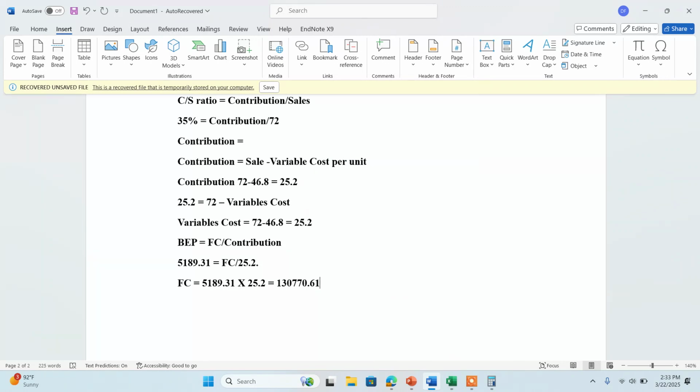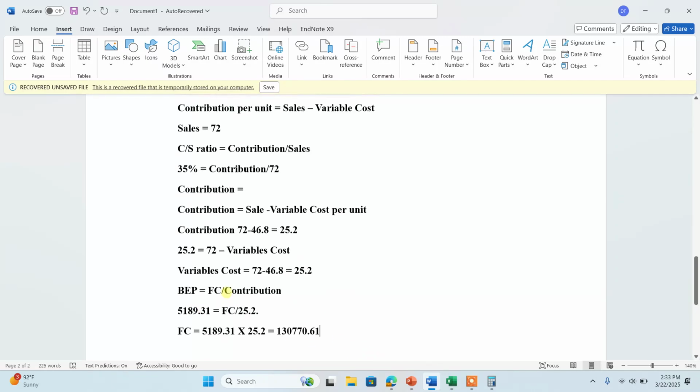So my dear, maybe you receive a question in the exam where the direct value of the fixed cost will not be given.